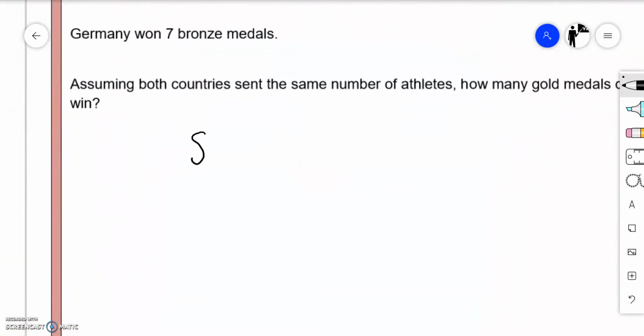So we know that 84 degrees won 7 medals. We want to figure out 120 degrees. In order to get from 84 to 120, we're going to need to scale down to 1 degree, so we need to divide that by 84. If we do it to that side, we'll need to do it to this side.